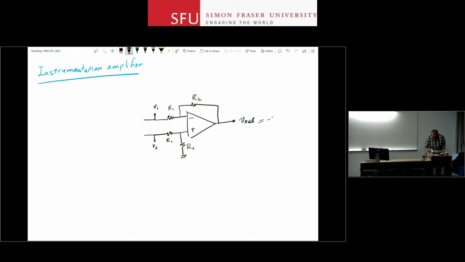So this is my R2 over R1 times V2 minus V1. So this is my difference amplifier as we just saw before, but I want to protect that function, what I'm getting out of it, from the variations in the input resistance of the amplifiers or the sources that go before it.